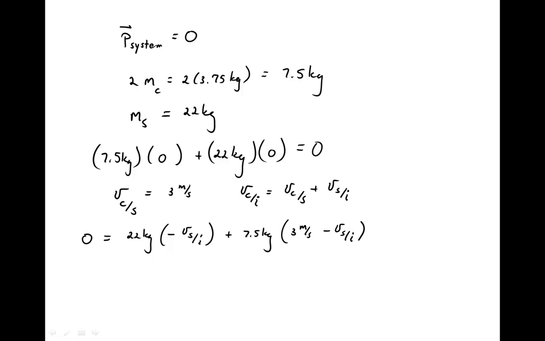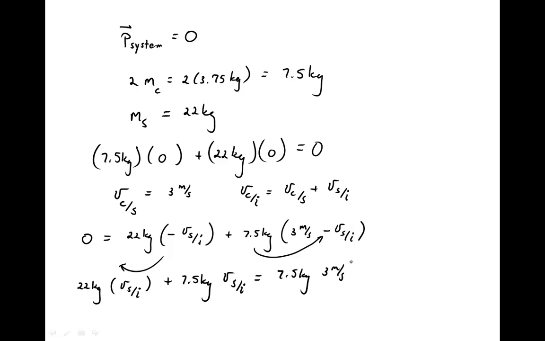I can solve this by bringing this term to the left. I get 22 kilograms times the velocity of the sled with respect to the ice, plus 7.5 kilograms times the velocity of the sled with respect to the ice, equals 7.5 kilograms times 3 meters per second. That's this term right here. Solving for the velocity of the sled with respect to the ice, I get 0.7627 meters per second.